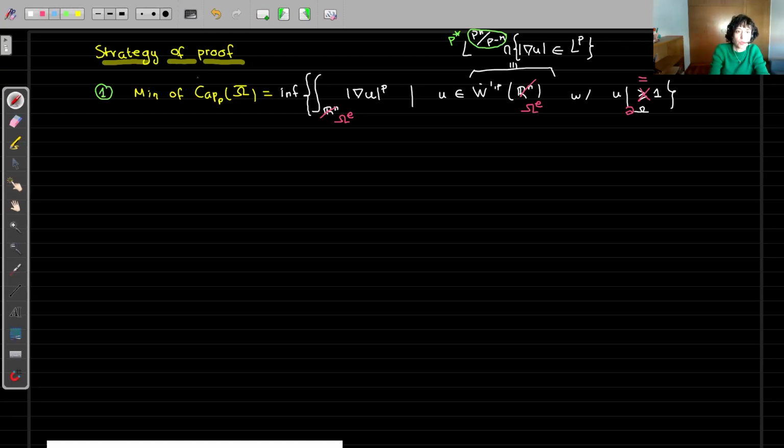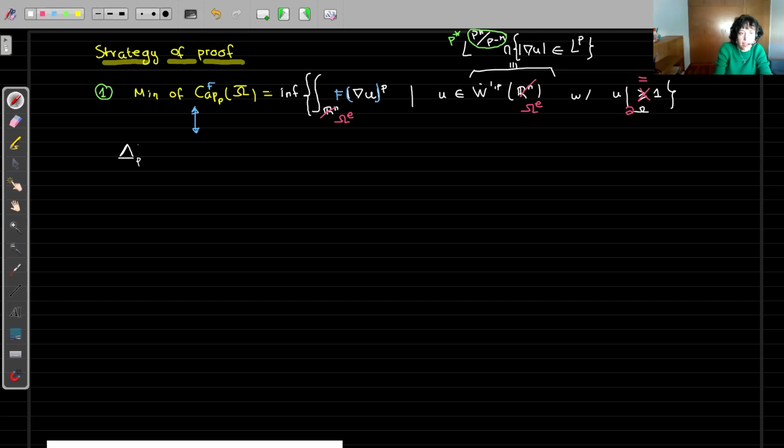Obviously, if you want it anisotropic, just have the F norm here. And then, as we said before, by this Mozart trick, minimizers of the P capacity are P harmonic functions. In an anisotropic setting, you will have here the P Laplacian.